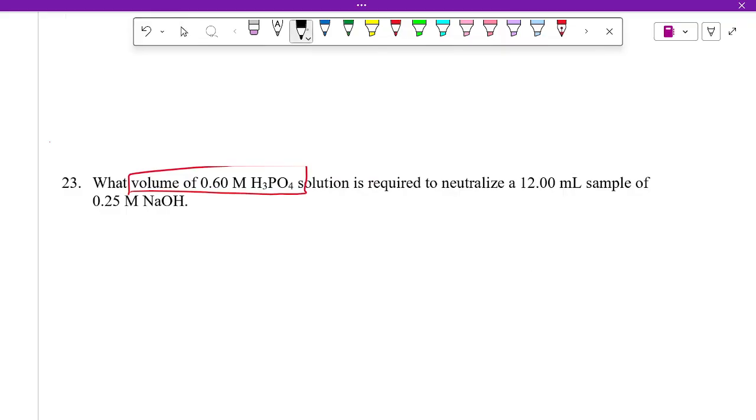So our H3PO4, we know that we have 0.60 moles per liter, and we don't know the volume. That's what we're trying to figure out.